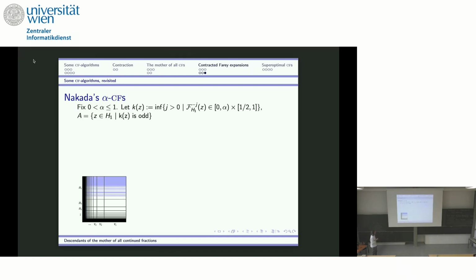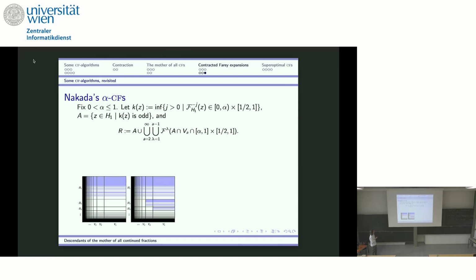And we let A be the set of points in h1 for which this k of z is odd. So I've drawn an approximation of A here for alpha equals 1/4. So it's somewhat of a fractal-like set. And then the region R is defined in terms of A. This formula might be a little bit hard to parse.